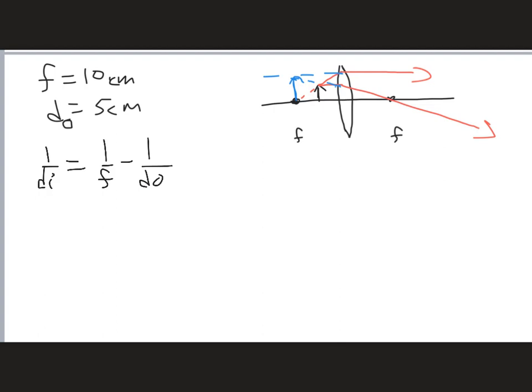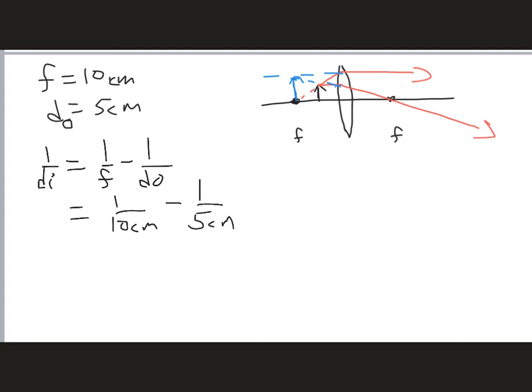So again, solving our equation. In this case, we previously called it the mirror equation. Now we can call it the thin lens equation because that's what we're using it for. But it's exactly the same equation. Everything works exactly the same way. And so we can simply plug in our values. The focal length is 1 over 10 centimeters minus the object distance, which is 1 over 5 centimeters.